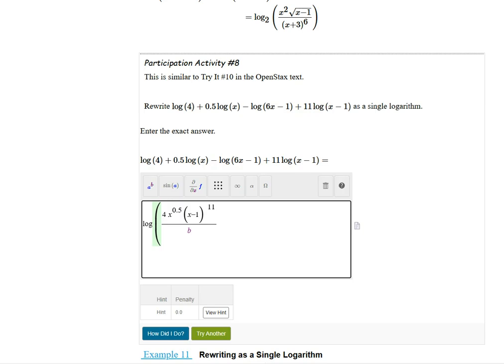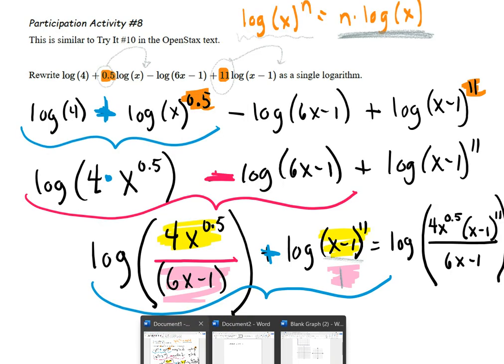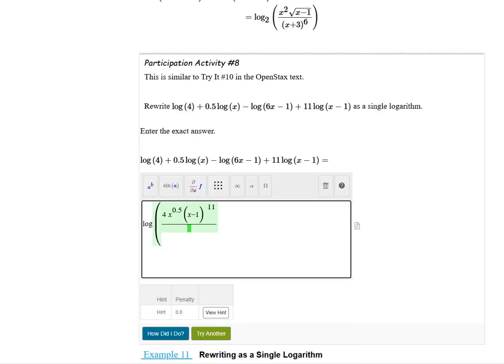Then scroll down to the denominator, backspace to get rid of the b, and what was it? 6x minus 1. I don't think I need the exponents or the parentheses down there. And then I'm going to scroll to the end and close the parenthesis and click how did I do?